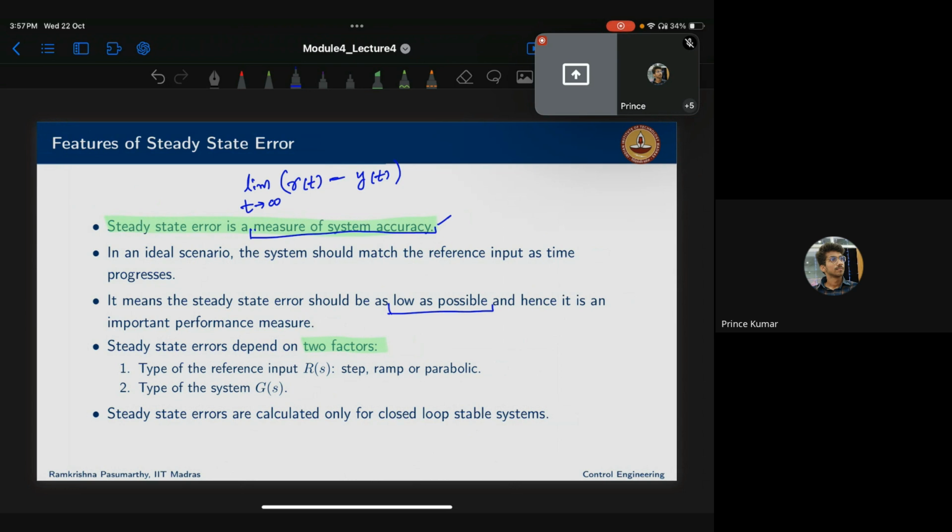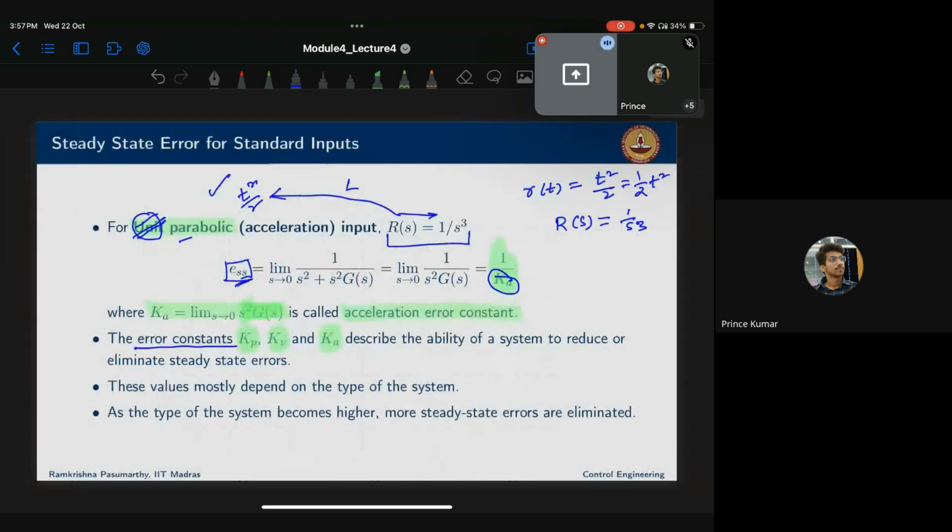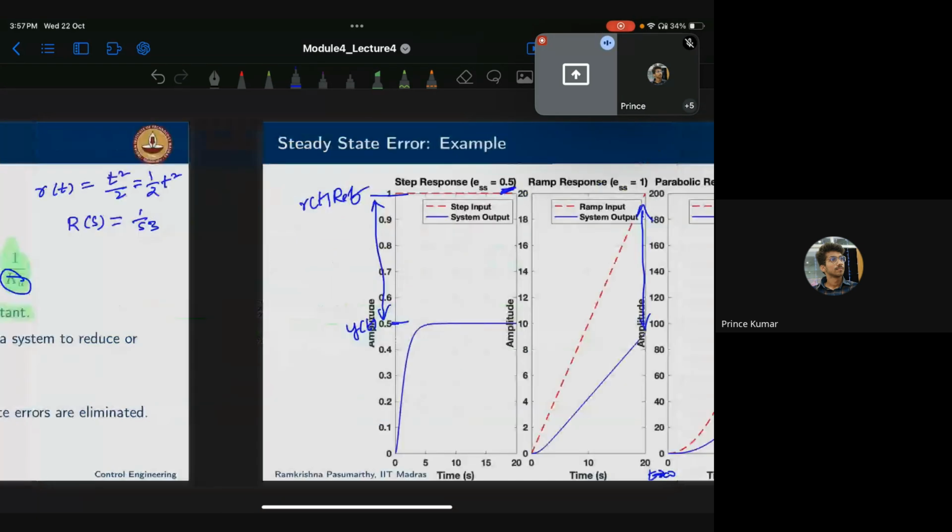Basically it depends upon two factors. One is the type of the reference input R of s, so what kind of input we have. The other is the type of the system, because Kp, Kv, Ka are in terms of G of s, so the type of G of s is very important.